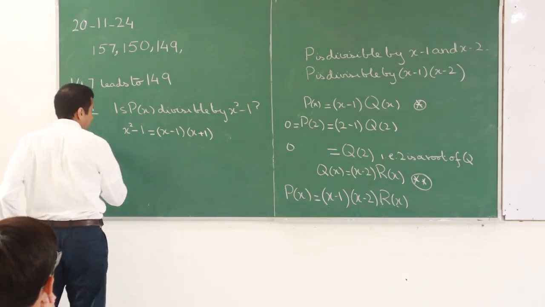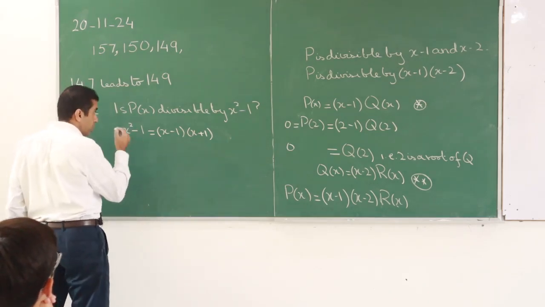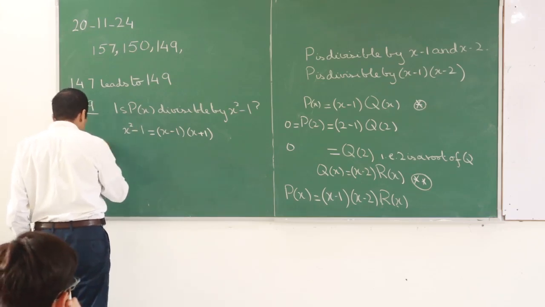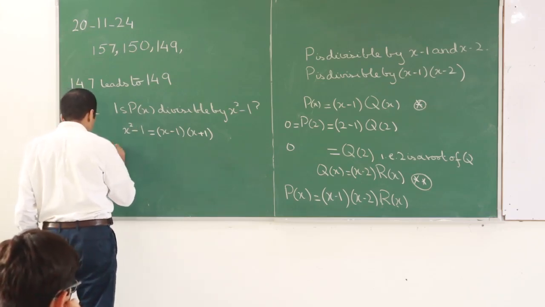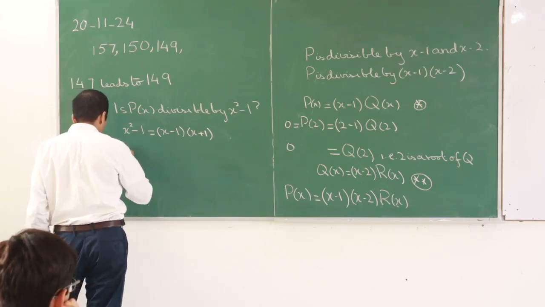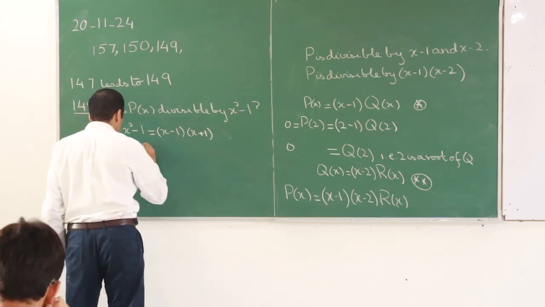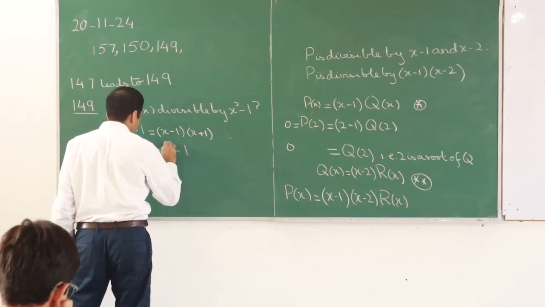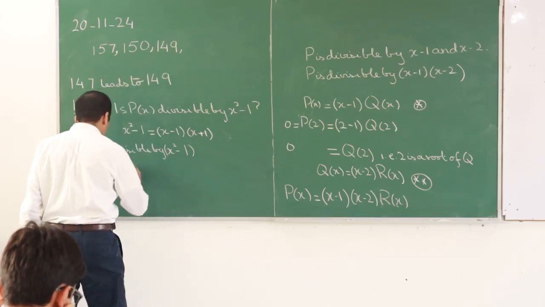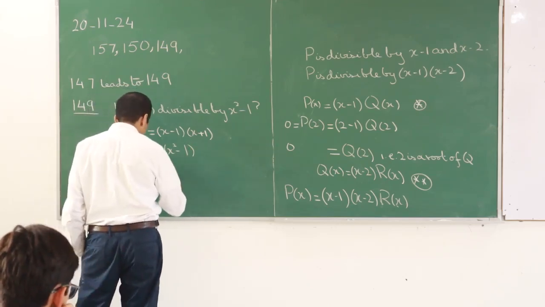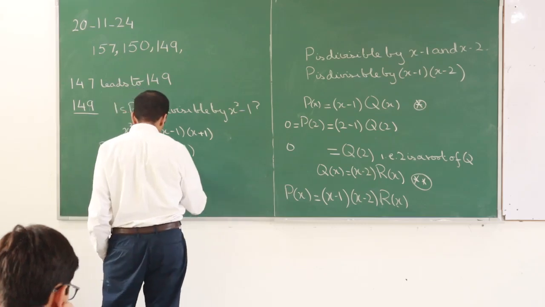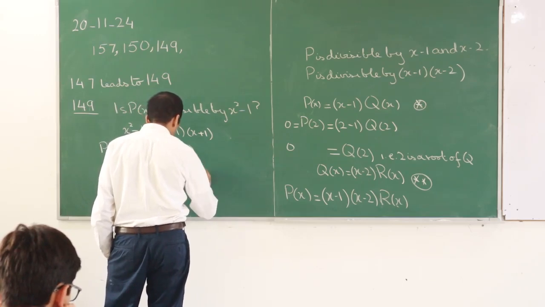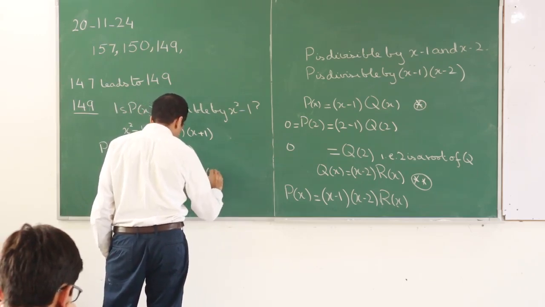So note, what does it mean for p to be divisible by x square minus 1? What does p being divisible by x square minus 1 mean? It means that p of x is equal to x square minus 1 into some q of x.